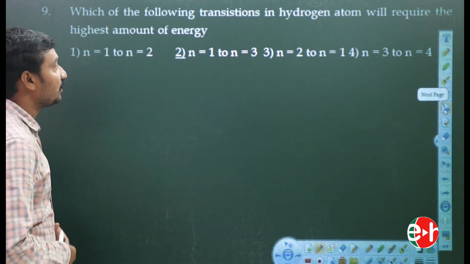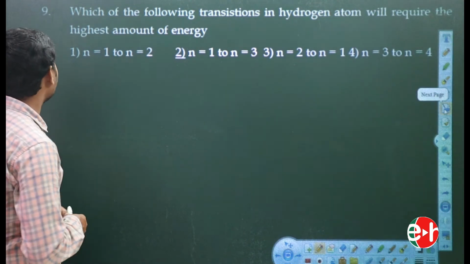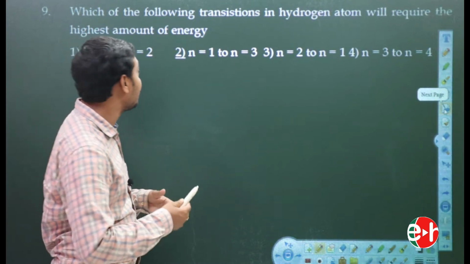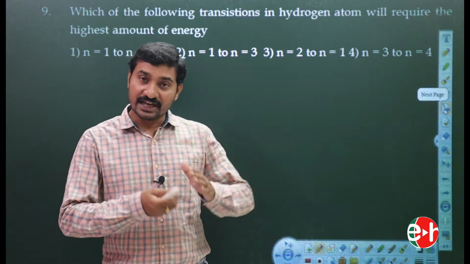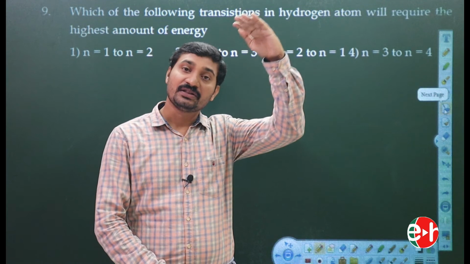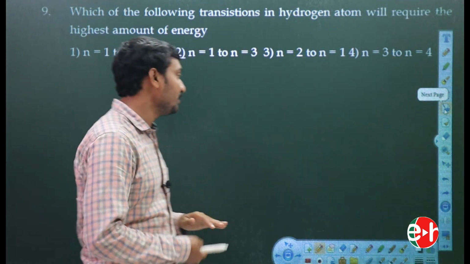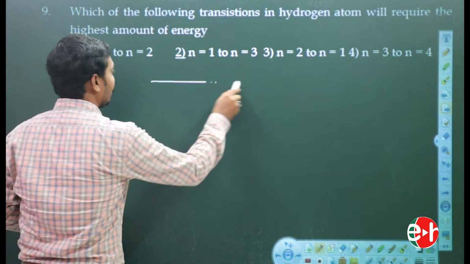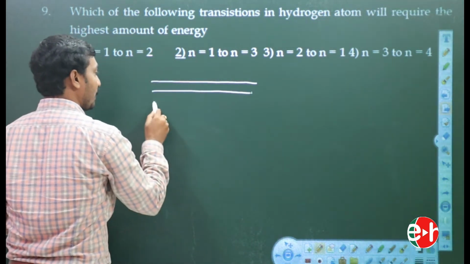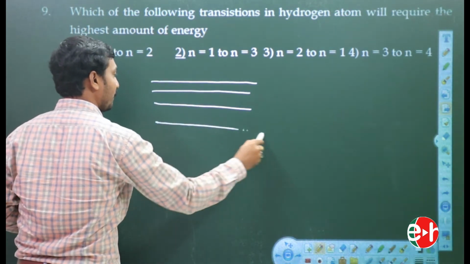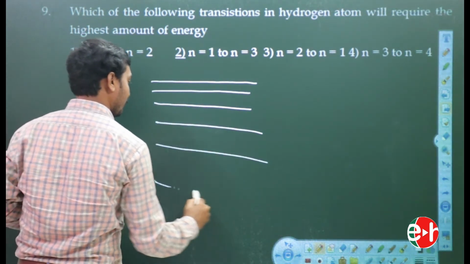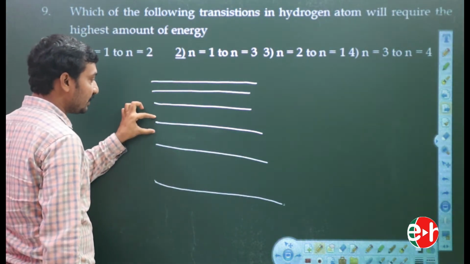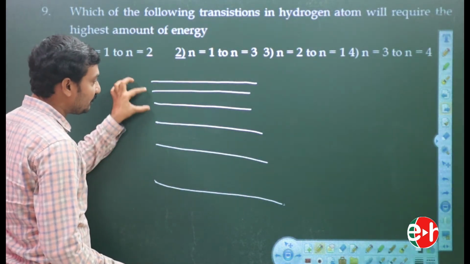Which of the following transitions in hydrogen atom will require the highest amount of energy? We know if the energy gap increases, then the energy also increases. We already discussed this in the hydrogen spectrum: top to bottom the energy gap increases, bottom to top the energy gap decreases.